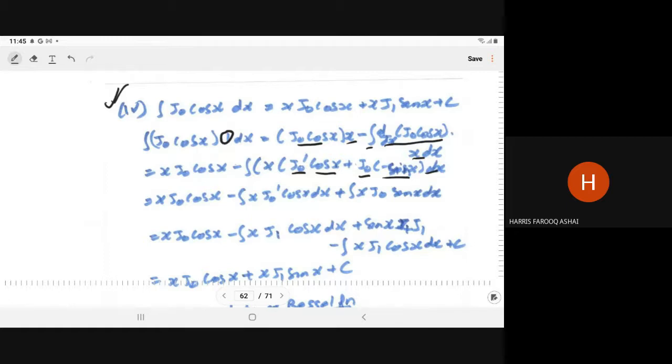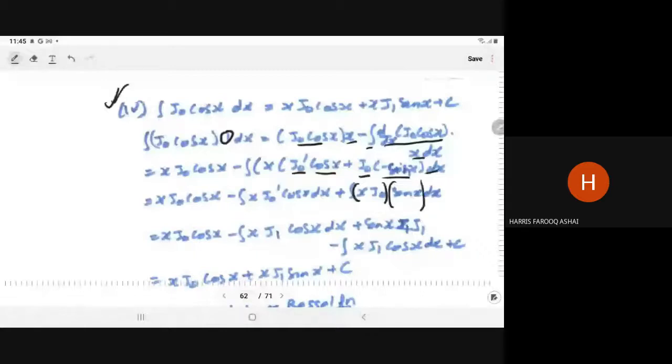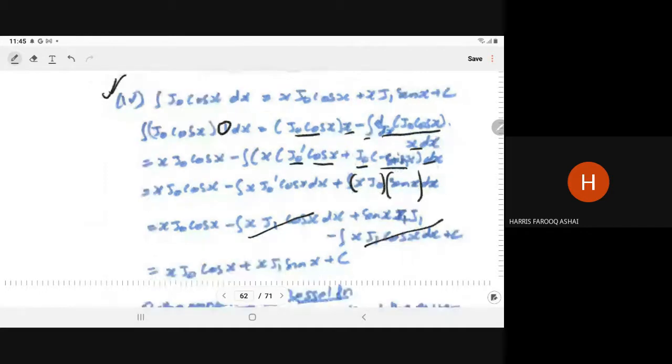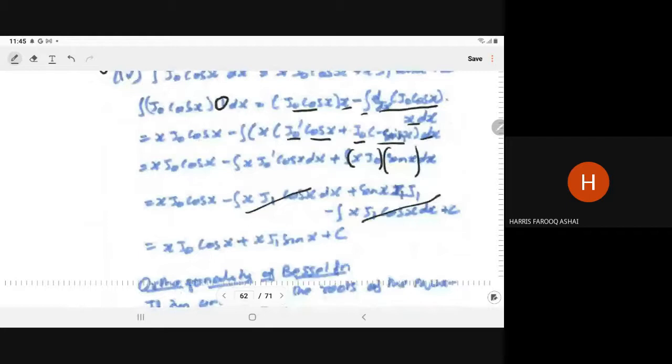Then you assume one as the first function and the other as the second function: sin x as the first function, x J0 as the second function, and the integral of x J0 is equal to x J1. So what is the benefit? You can cancel these two. There is some mistake in the sign in writing, it should be plus. Let us check this. So here we have the integral of J0 cos x dx.